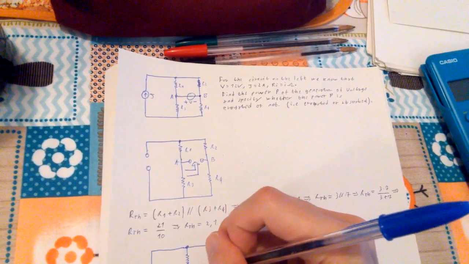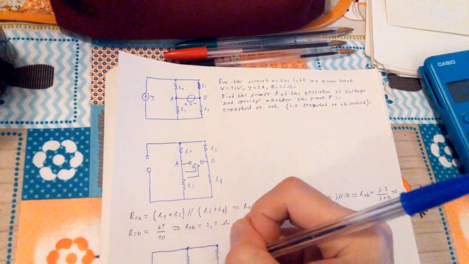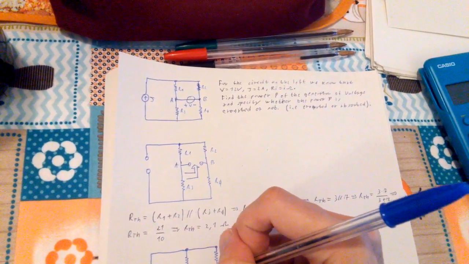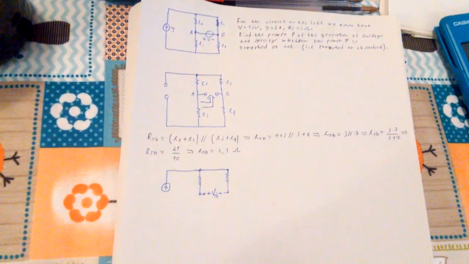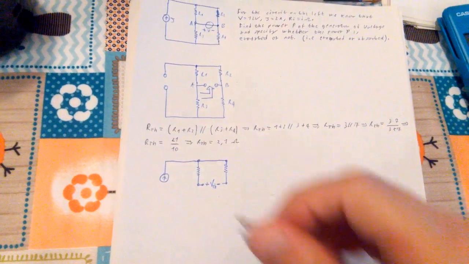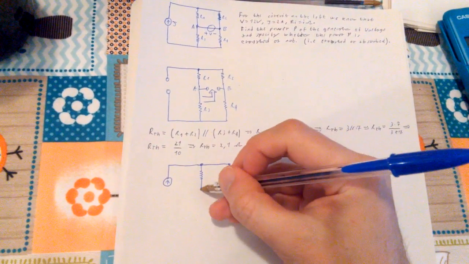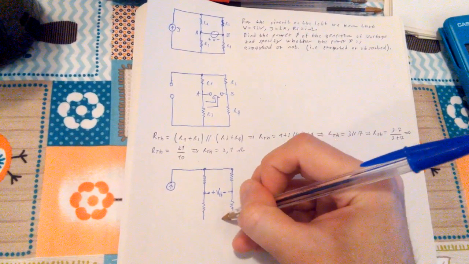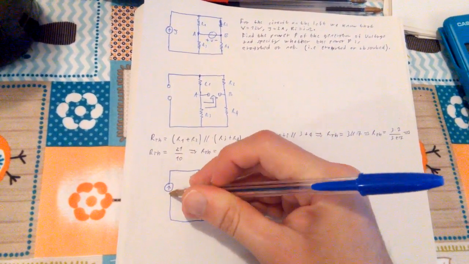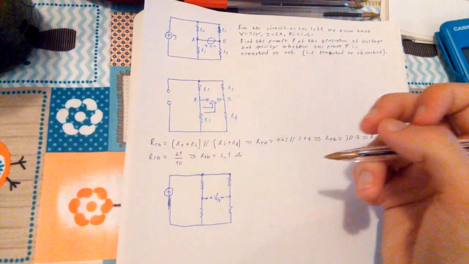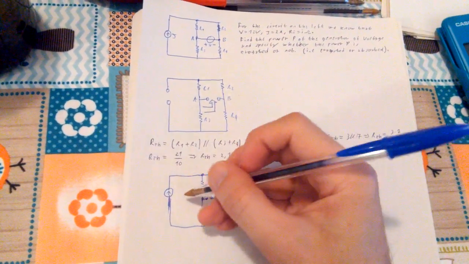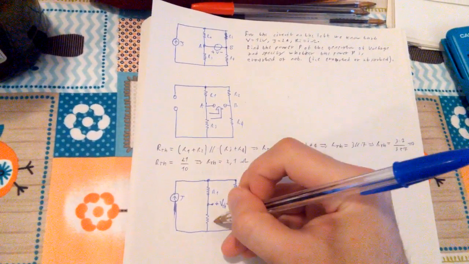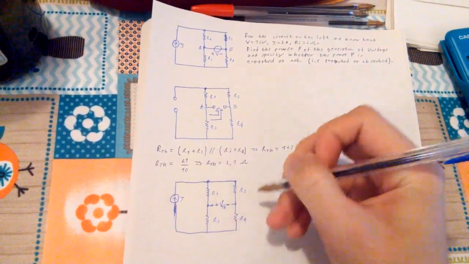I'm going to have plus minus VTH, and then down here I'm still going to have a resistance and the other resistance, and they're all connected to the current generator, which is J, R1, R2, R3, R4, just like before.